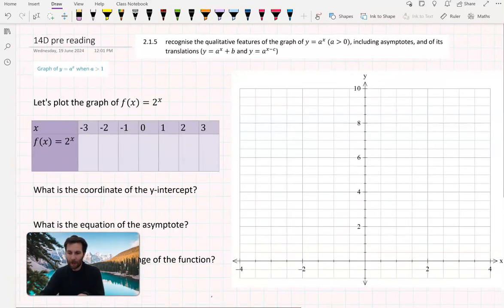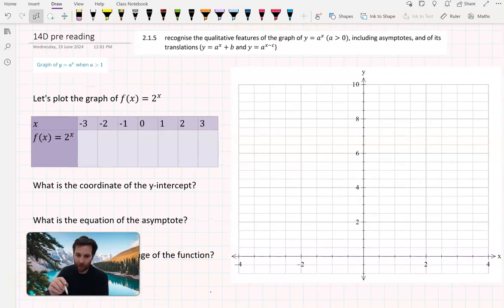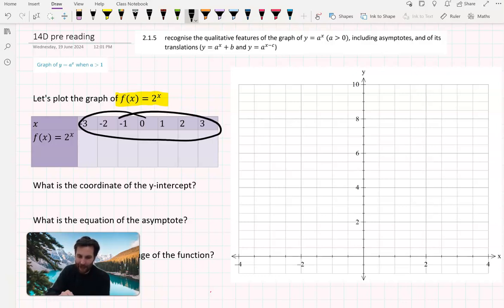For the time being, let's have a look at plotting the graph of f of x equals 2 to the power x, which is probably the most basic exponential function going. So we want an output of 2 to the power x for each of these inputs of x up here.